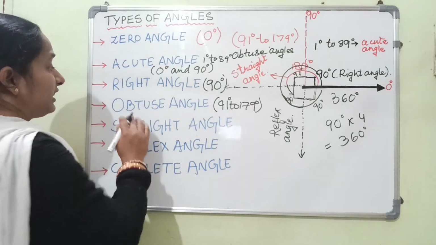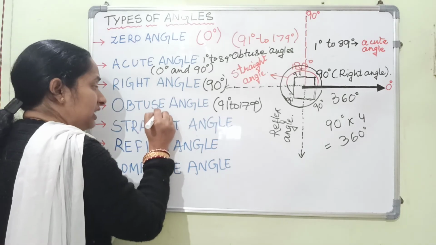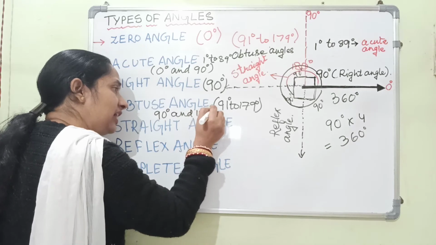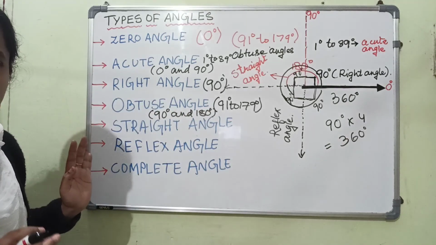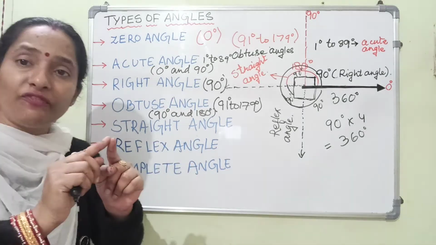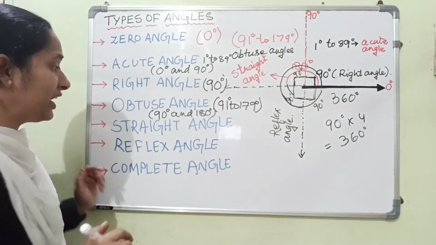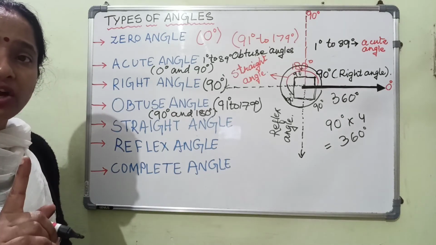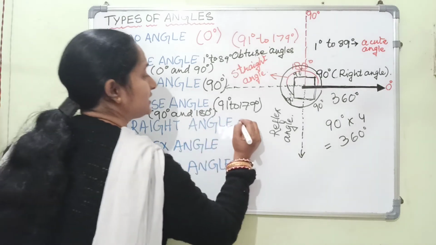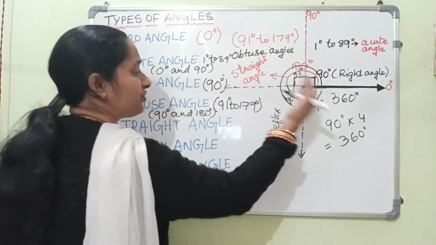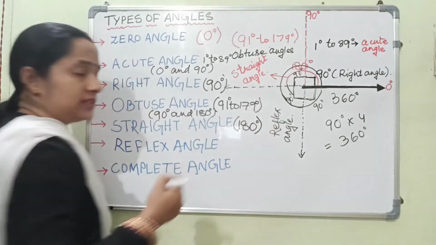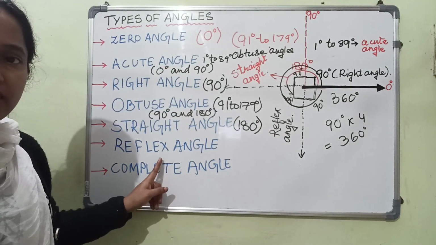We can also say that the angles between 90 degrees and 180 degrees are obtuse angles. Okay, next comes the straight angle. The angle formed by a straight line will be called a straight angle, and the measure of a straight angle is how much? 180 degrees.